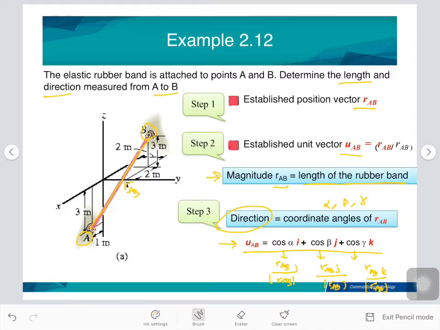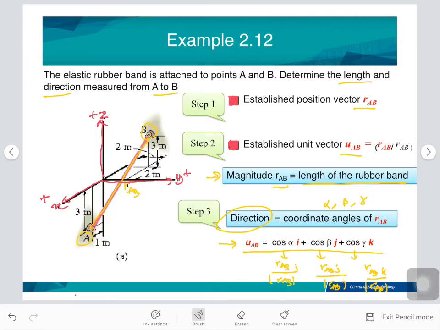So now let's establish the position vector. Step 1 is to establish the position vector. What you should do is determine coordinate A and coordinate B. So how to determine coordinate A? Remember our right-handed system: this is the positive Z, this is the positive X, and this is the positive Y. Whatever direction is opposite the positive becomes negative.